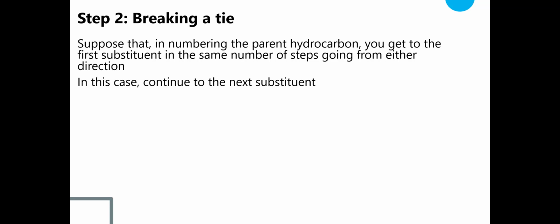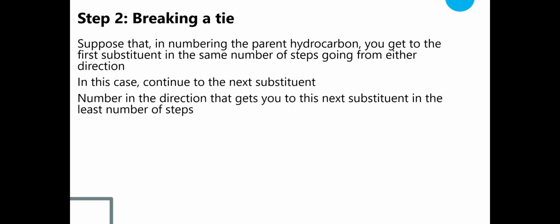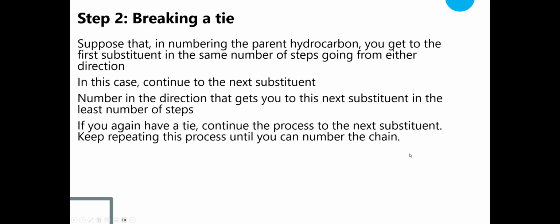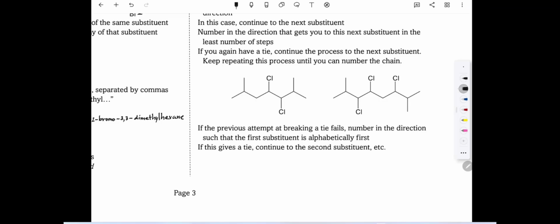So you'd say to yourself, okay, I'm going to look for the second substituent going from either side and see which one of them gets the lowest number. Of course, you still might end up with a tie there. And so you keep doing this until you can finally break the tie, getting to a substituent in the lowest possible number. So let's take a look at these 2 compounds and apply this step.